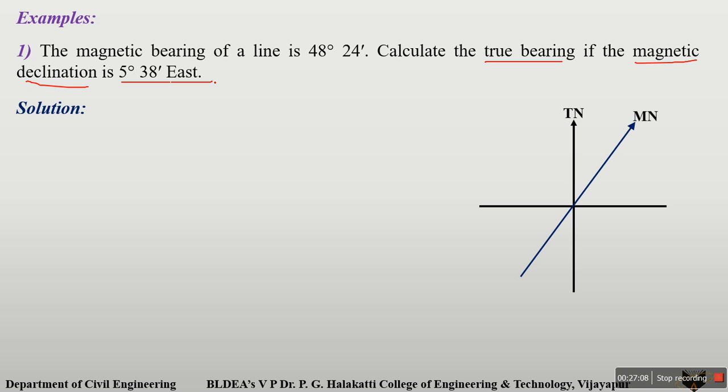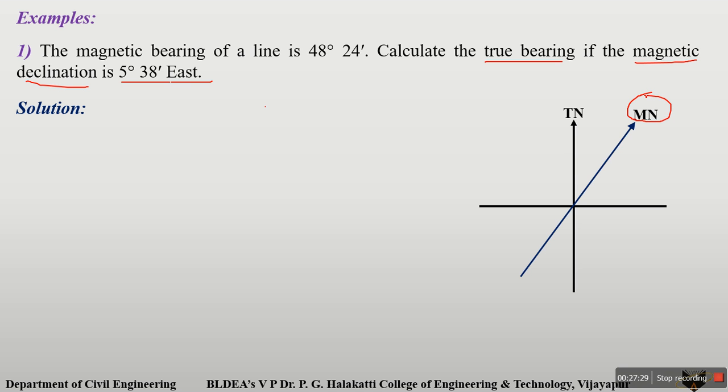just observe here, they have mentioned that the declination is towards the east side. This is our true north, the plus and black line are the true norths, and this one is our magnetic north.